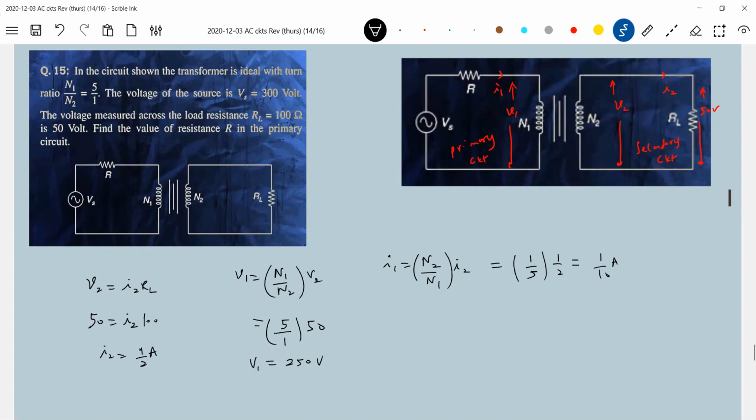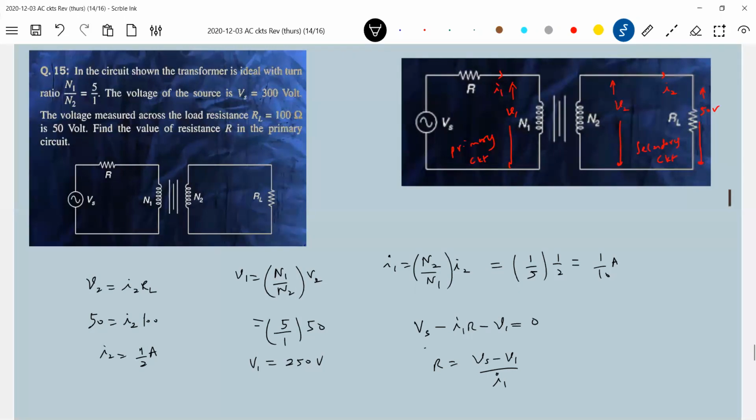But what is our primary thing? We have to calculate that resistance R, no? So I'll write the loop equation: Vs minus I1R minus V1 equal to 0. So I know Vs. Sir, they are not in the same phase. Which one?